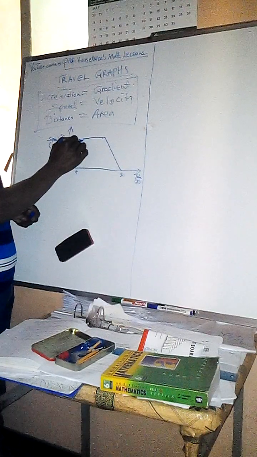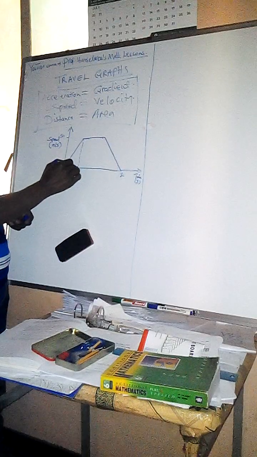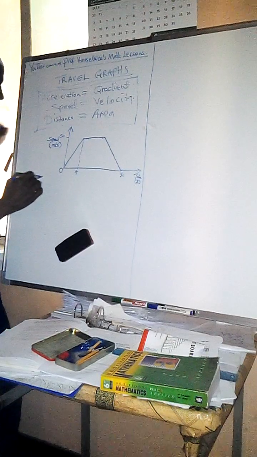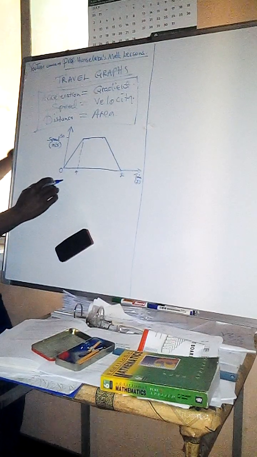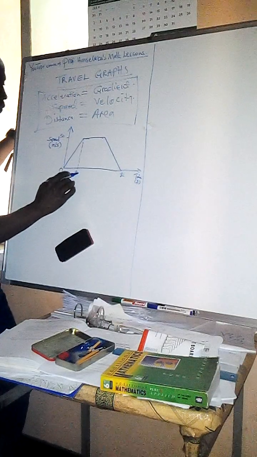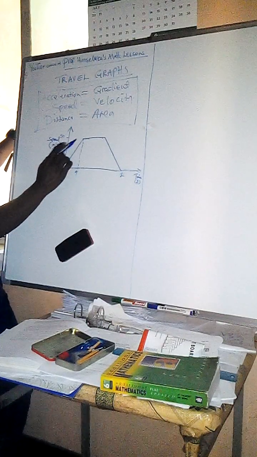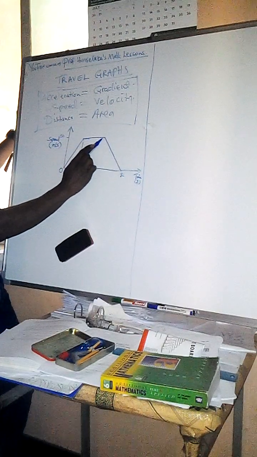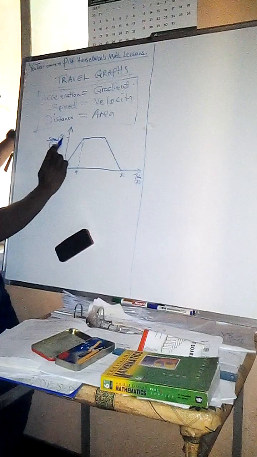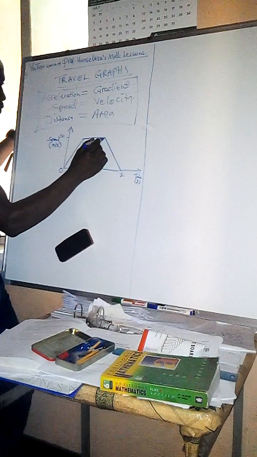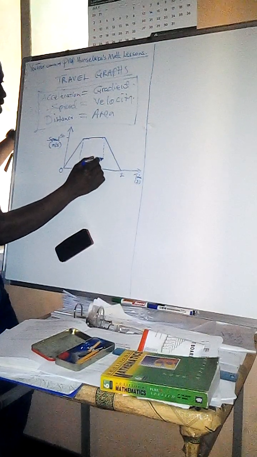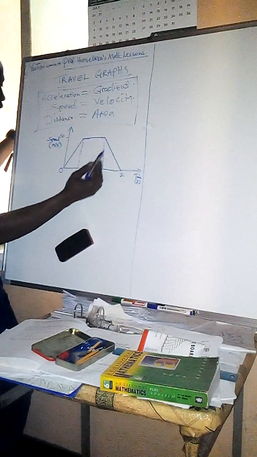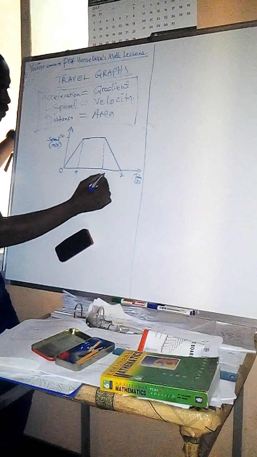So in the first 4 seconds, he maintained this constant speed of velocity of 50 meters per second. Remember, it was in the next 6 seconds, so it will be 6 plus 4, that is 10.